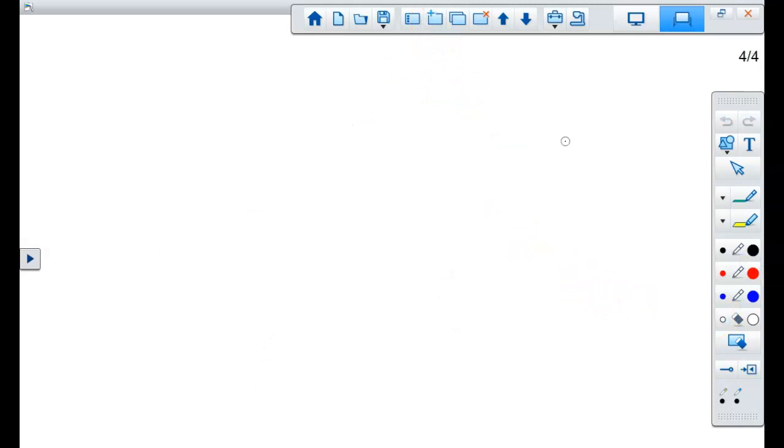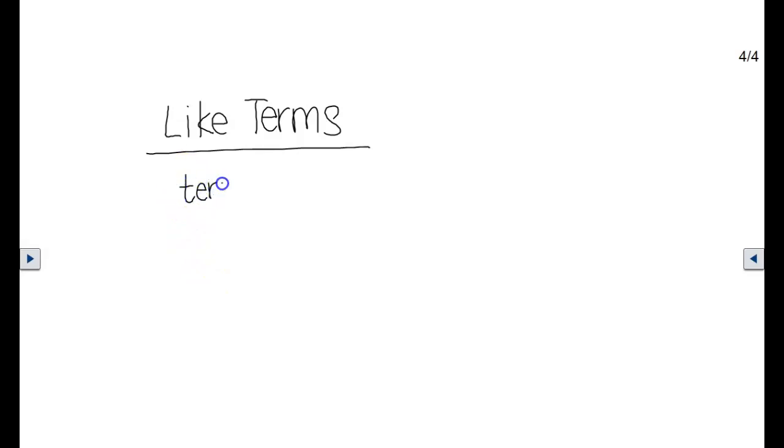Now the reason that I am making a big deal about those last names, about the variable part, is that that is going to help us recognize like terms.